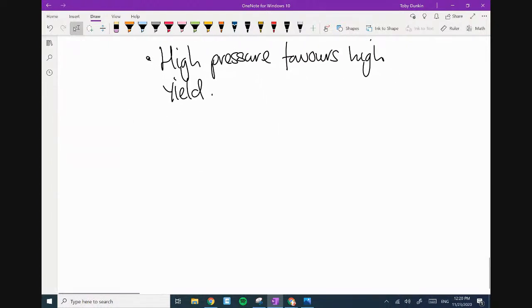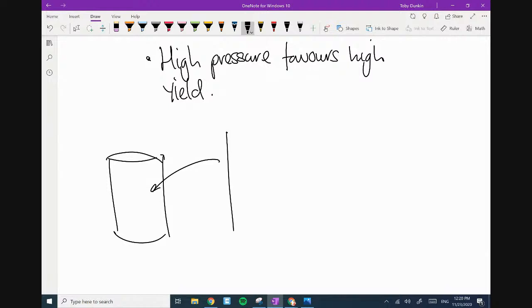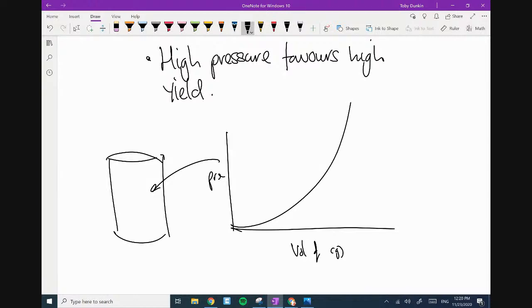Because if you take a vessel and you increase the pressure inside it, you take the vessel and you just add more and more gas. So all we're going to do is this is going to be volume of gas versus pressure. And we're going to see it's actually going to be an interesting curve. Is that right?